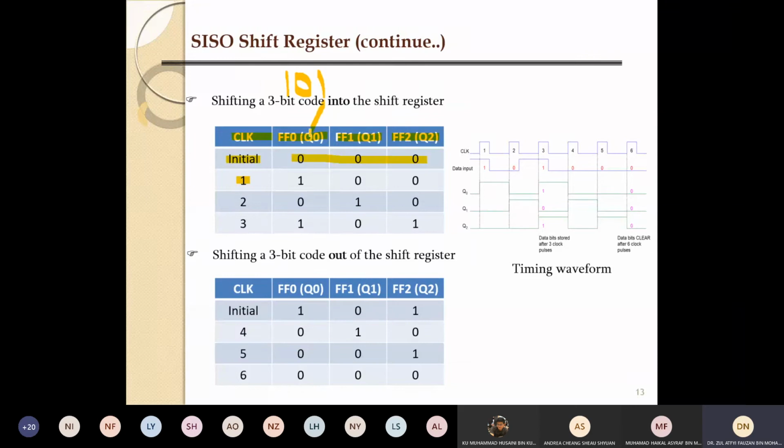The LSB becomes the output of Q0, and then this one shifts here. At the second clock, the next input comes in here, this one shifts here, and this 0 shifts here. At the third clock, this input 1 moves here, this 0 shifts here, and this 1 shifts here.